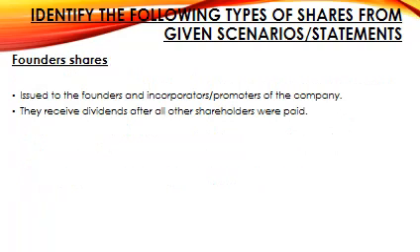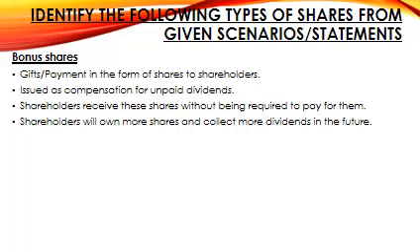If we look at founder shares, if I start my own company, I will be known as the incorporator and I will have founder shares that belongs to me because it's still my company even though I sell a piece off to the public. Sometimes if I cannot afford to give out dividends, I then reward my current shareholders by giving them bonus shares. Okay. And then in the future, they can collect more dividends on that shares that they own.